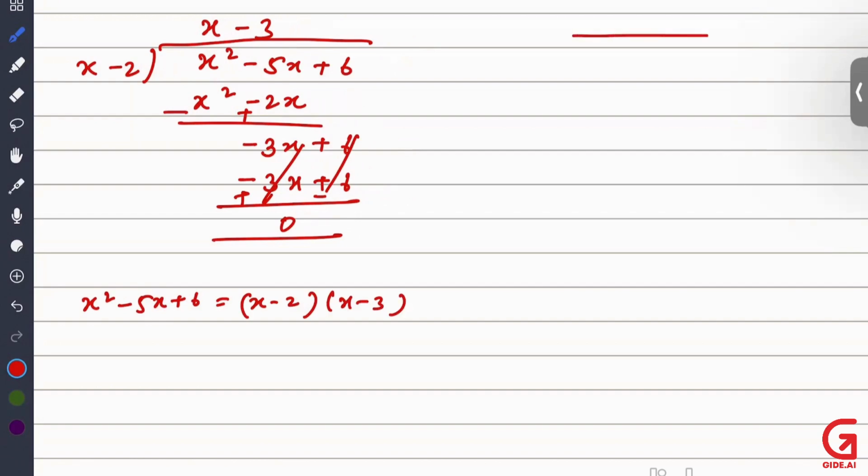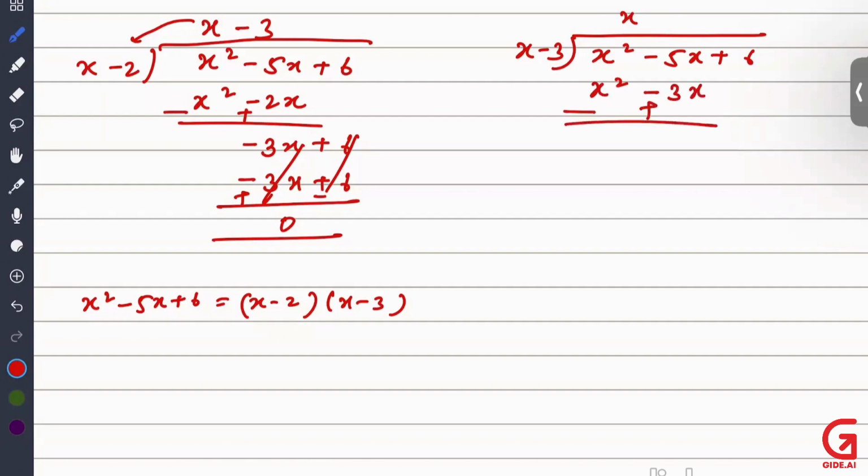Now, the second thing you have is, you remember I said it doesn't matter if you change the position, right? Now I'm dividing by x minus 3. What should I get at the top? I should get x minus 2 at the top. So x squared minus 5x plus 6, right? First you do x, you get x squared minus 3x. Again, you subtract. So you get minus 2x, this gets cancelled, plus 6 minus 2, you get minus 2x plus 6.